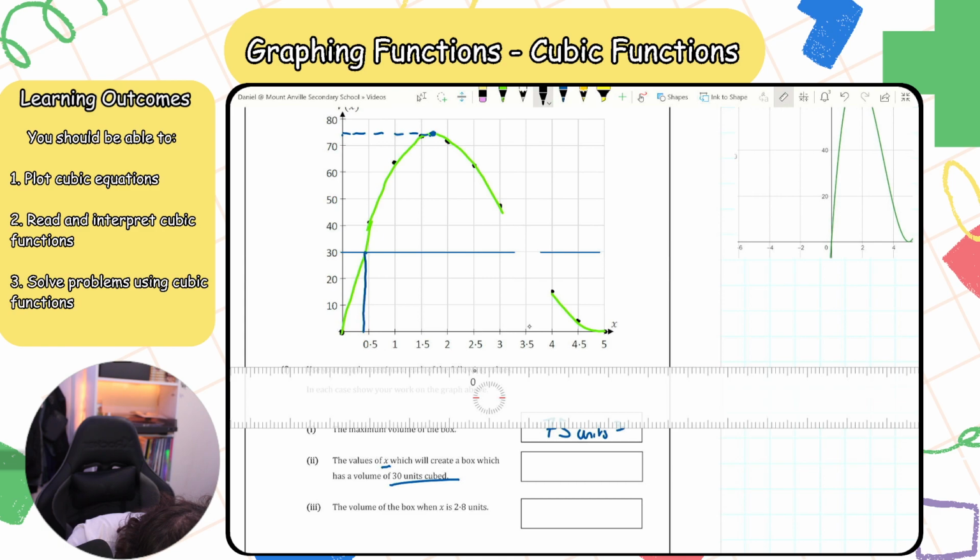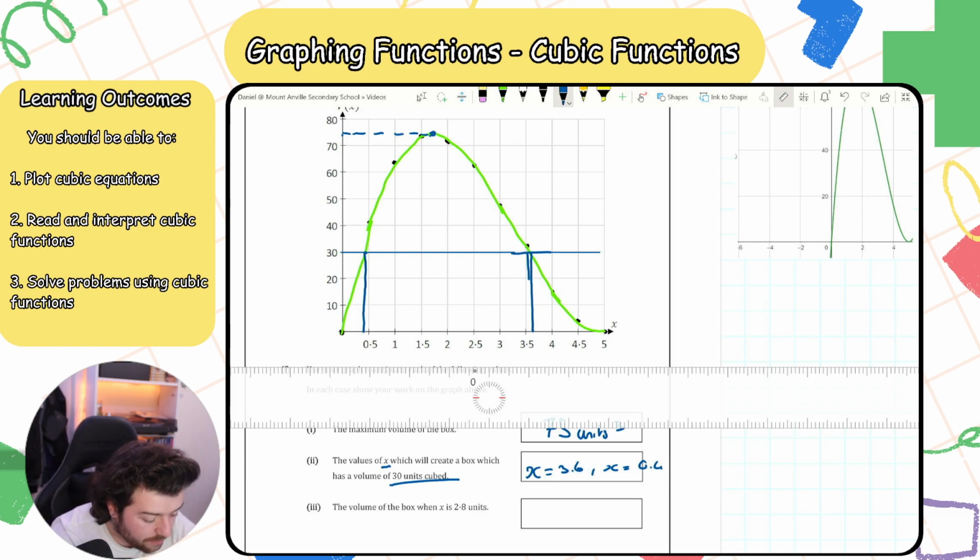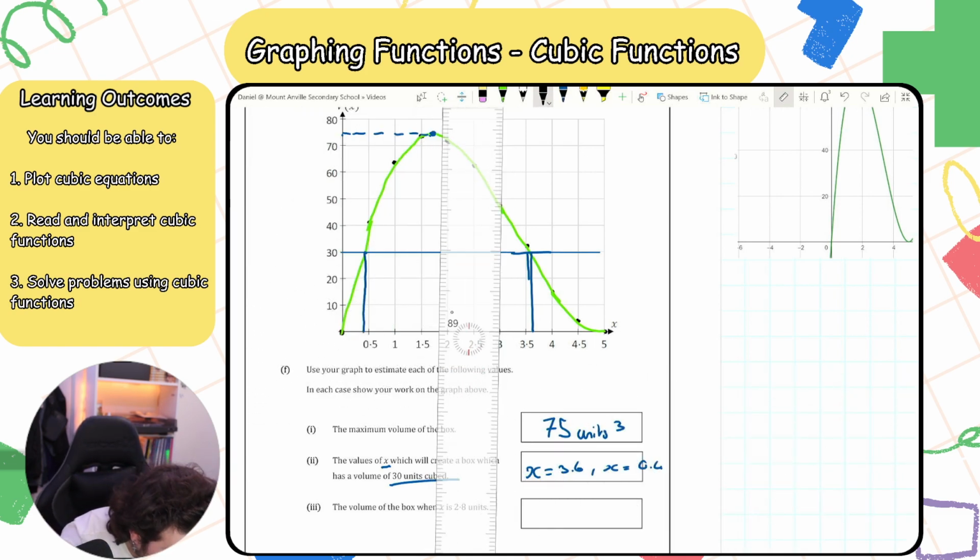So 3.5, that was 31.5, so it's there. This connects there, this connects here, this goes across. Boom, hits. Go down: 3.6. Right, so x equals 3.6 and x equals 0.4. The volume of the box when x is 2.8 units. So I'm given my x value. I go to x equal to 2.8.